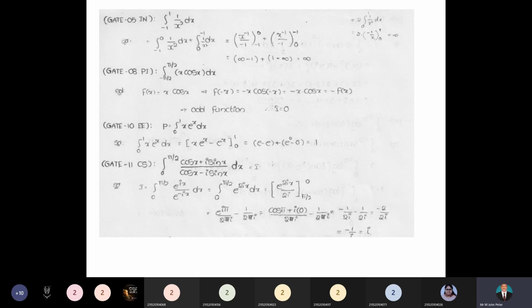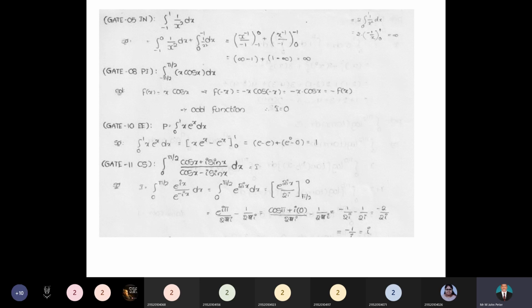But here two functions are involved: x multiplied by cos x, a combination of two functions. In this manner we have to identify whether it is even or odd. Here it ends up as an odd function, so the integral value is 0. If it is an even function, the integral value becomes twice the integral from 0 to that positive number.